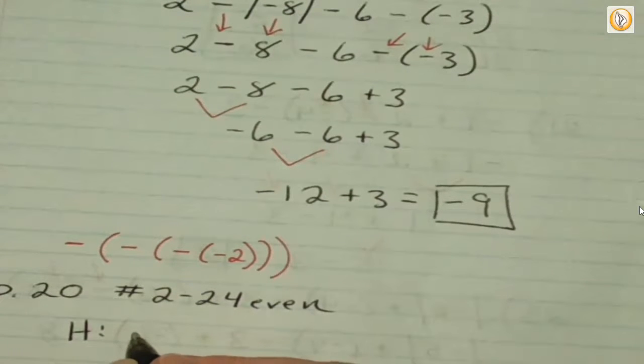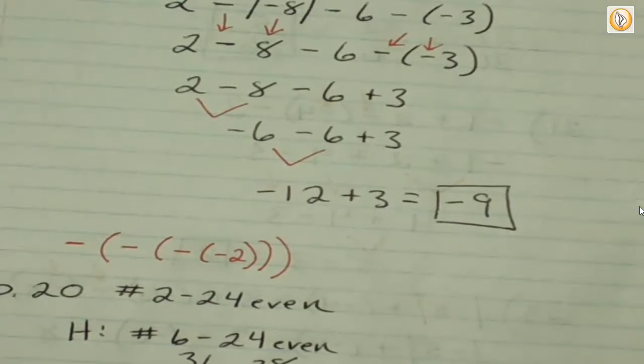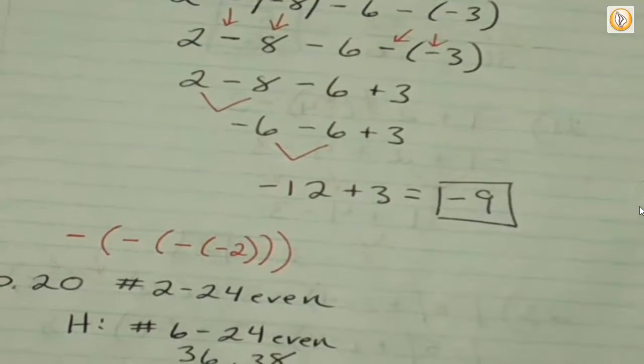Honors, you're doing six through 24 even, and also 36 and 38. 36 and 38?